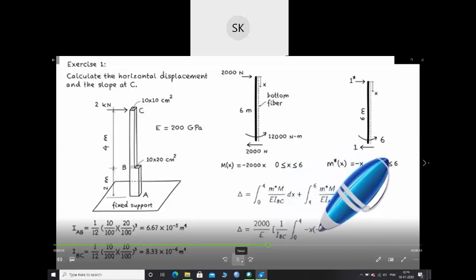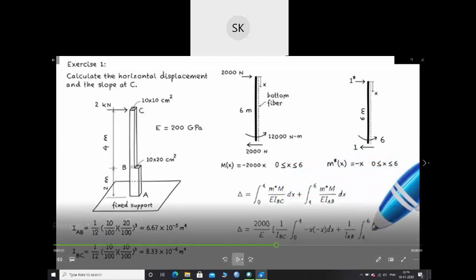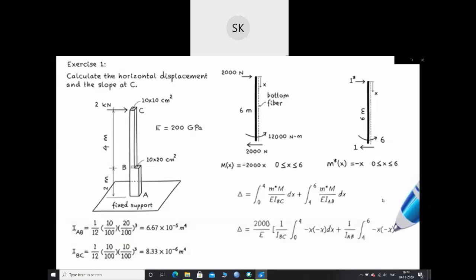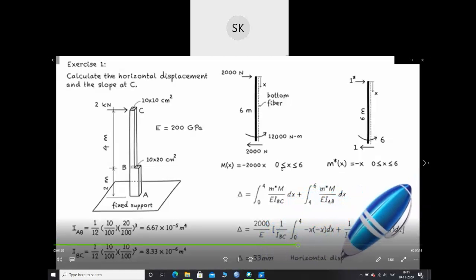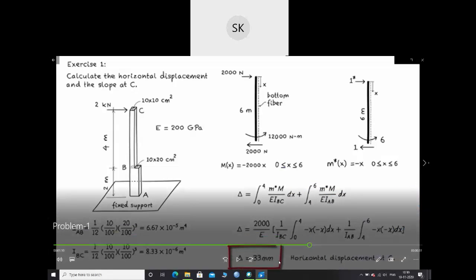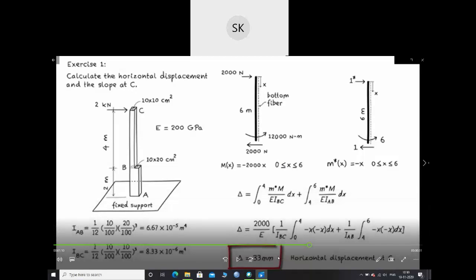And they have placed in the equation m star theta, so m by EI and m star into m. They have placed the value and they found out the displacement to be 33 mm.